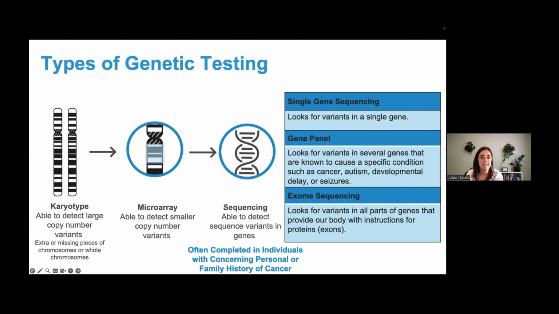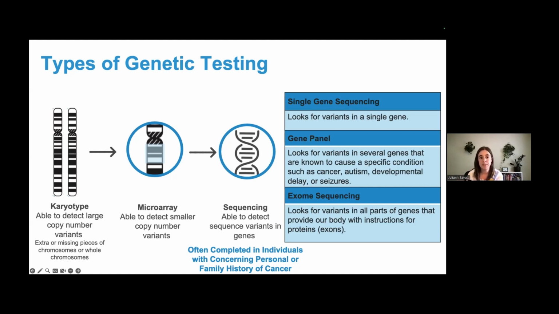And there are different sequencing tests. We might look at a single gene. We might look at a set of genes that are tied to something like hereditary cancer, for instance, where we're looking at multiple genes at once through a gene panel. Or we might be casting an even wider net with something like exome sequencing that looks at all parts of the genes that code for proteins, or even genome sequencing that looks at all of our genetic material.